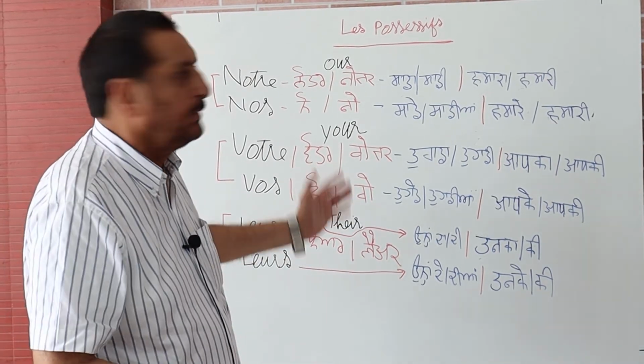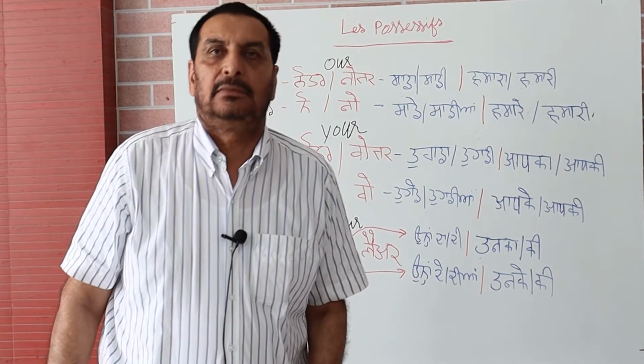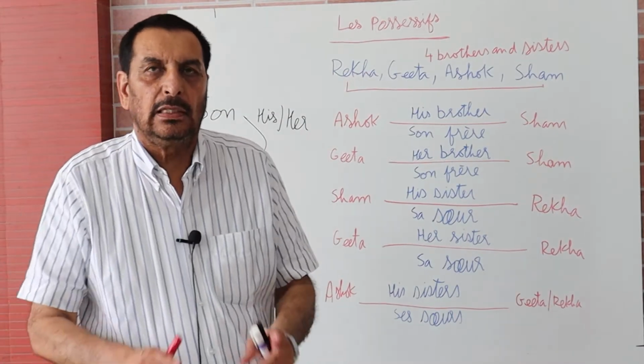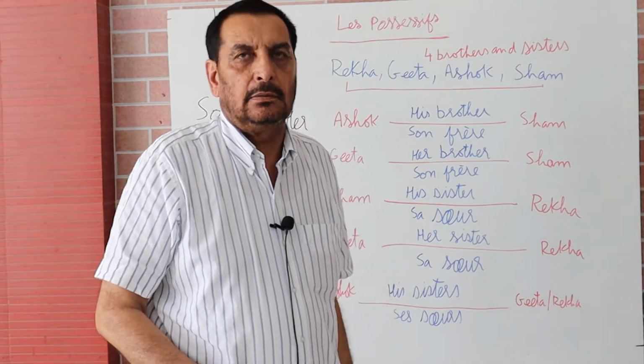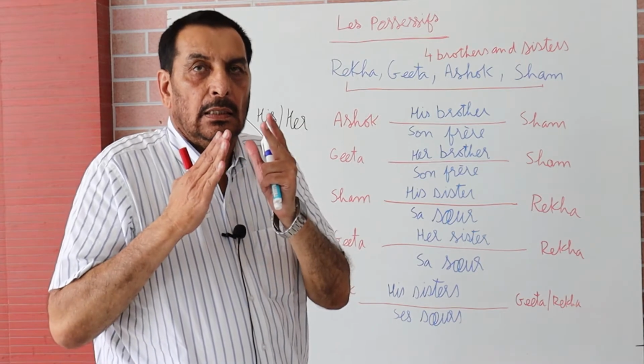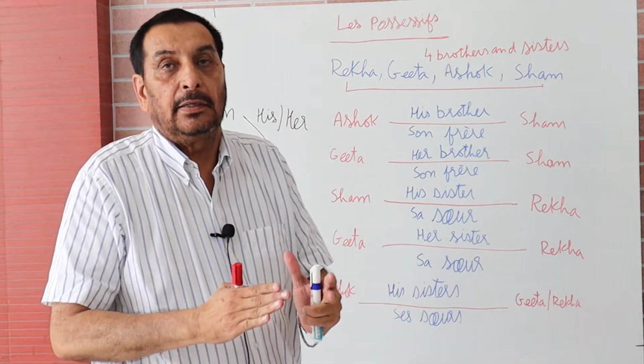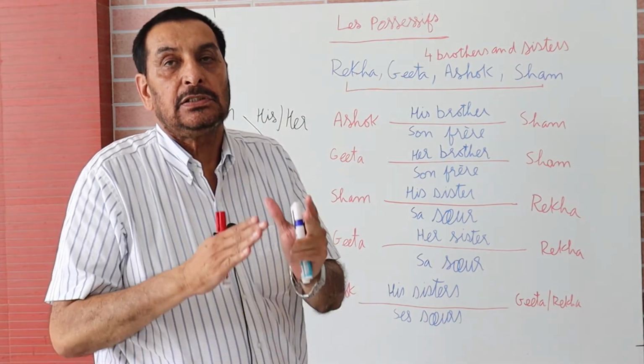Okay, then we will continue with his and her, son, sa, ses. Let's go, as I told you just a few minutes before. Son, sa, ses. It can become his, her.